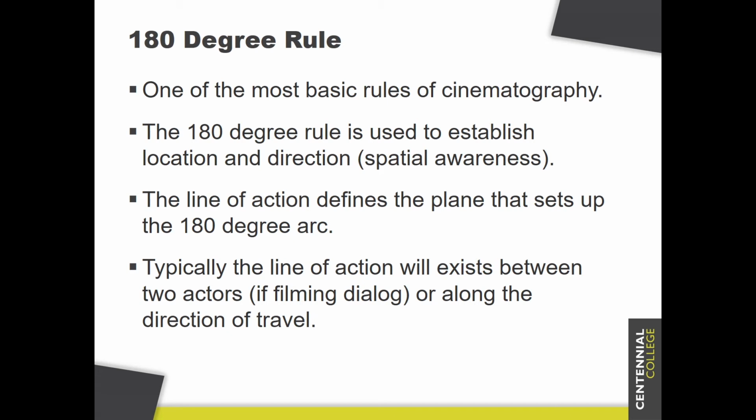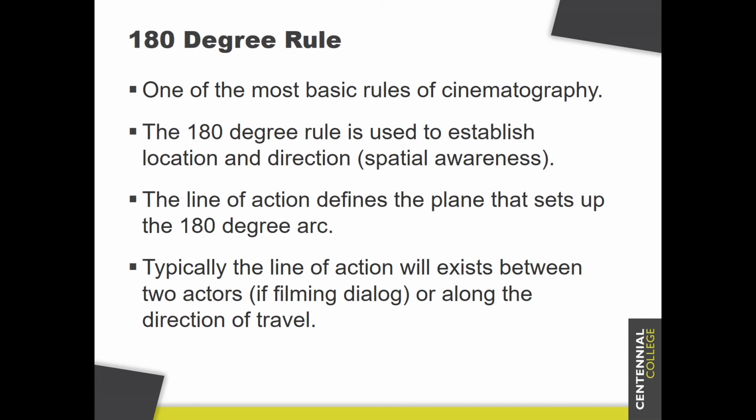So we can set up our line of action in a number of different ways. In this particular example, I utilized the actors delivering dialogue, I utilized their eye line, but you can use different things like the direction of travel. And obviously, if you have more than two actors who are speaking, maybe you have 3 or 4 actors in a given scene, then the line of action is going to change depending on who is talking to whom.